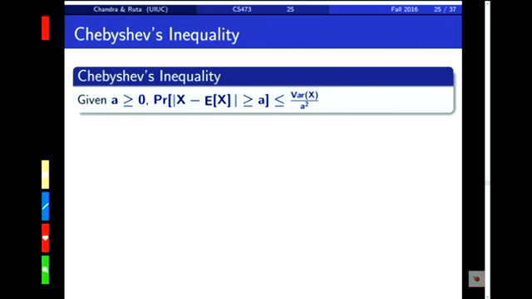When you take a mod, there's something more that you are bounding. What is that? What is the mod of x minus E of x? What kind of x will satisfy this condition, greater than or equal to a?